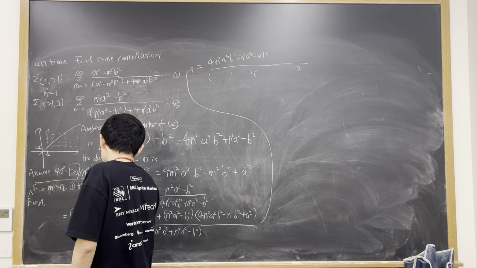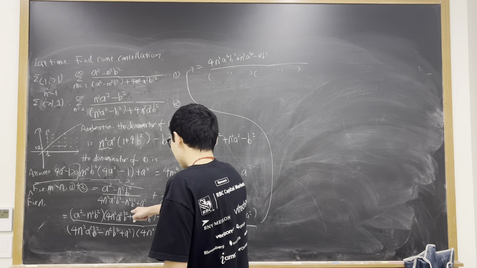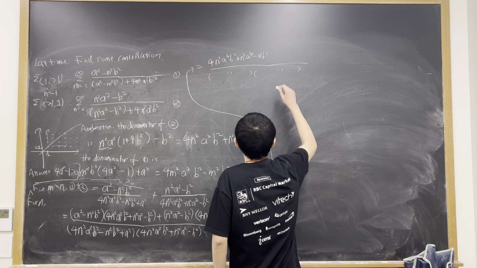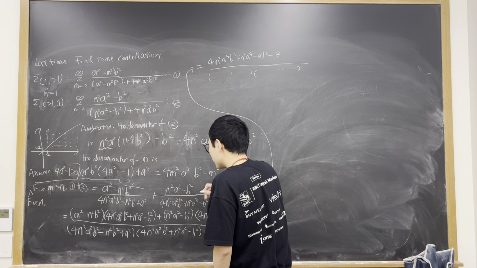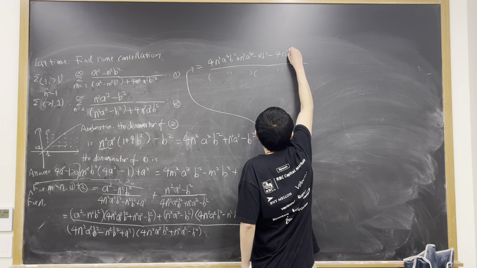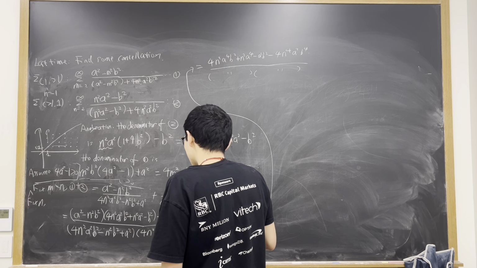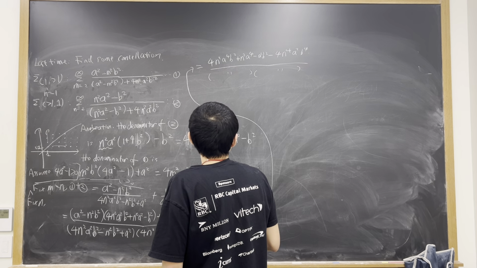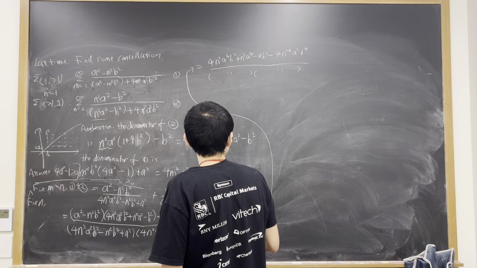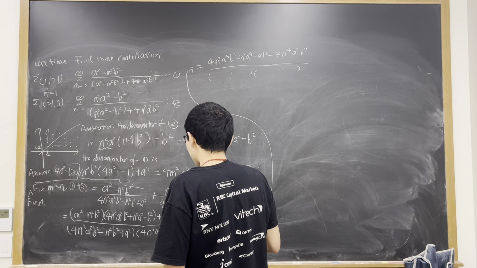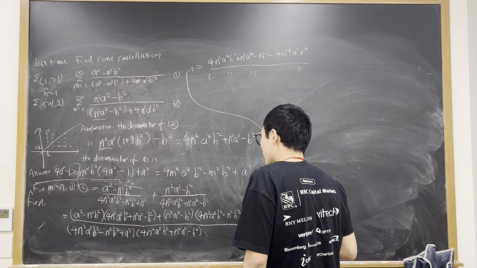And then I'm multiplying the negative n squared b squared to each of these terms. So negative 4 n to the fourth power a squared b to the fourth power, negative 4, must become negative, and then a squared is here, b squared n squared. And then you have minus n to the fourth power a squared b squared, right?